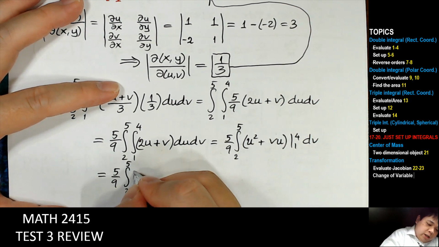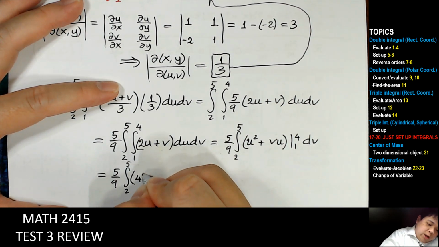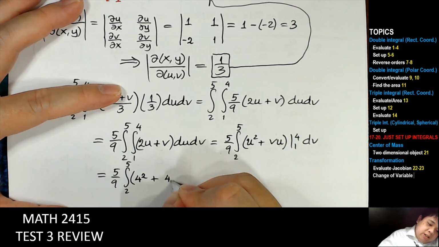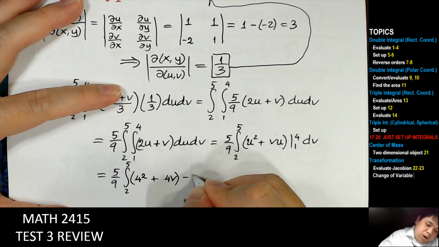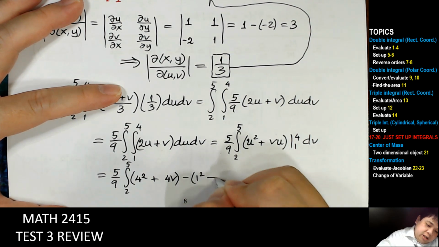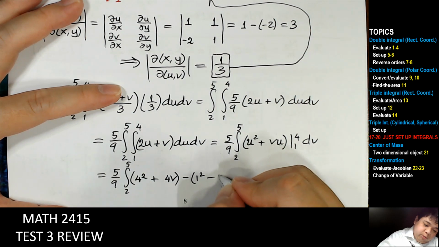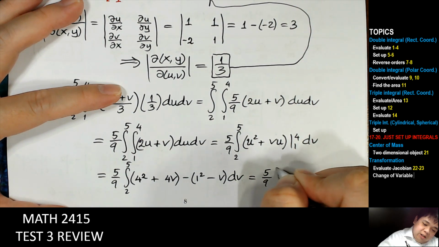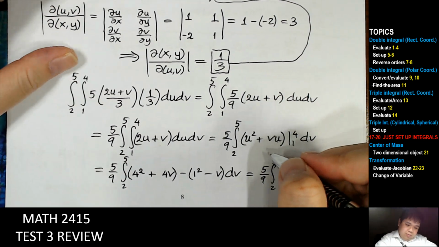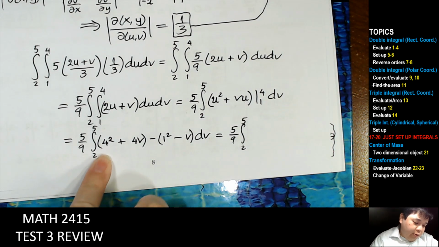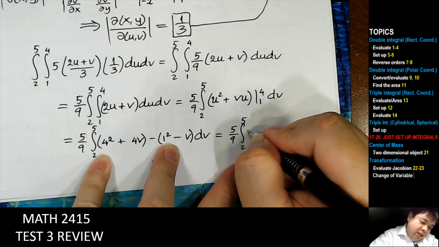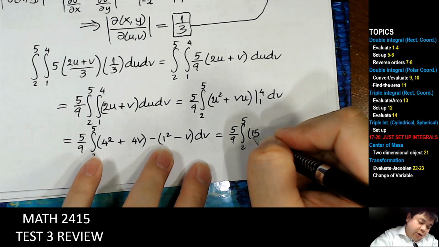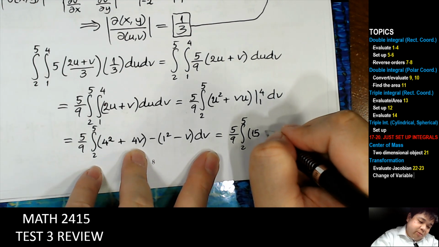Right, so we're going to put 4 in for u: 4 squared plus 4v, minus 1 squared, 1 in for u, minus v. So I have 5 over 9, 2 to 5, 4 squared minus 1, 16 minus 1 is 15, and 4v minus negative v, so that's plus 5v.